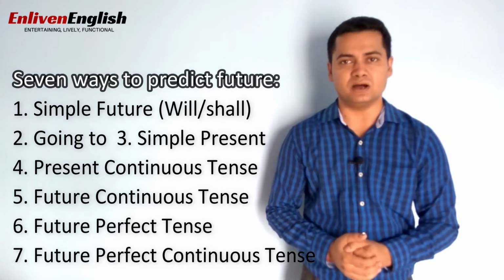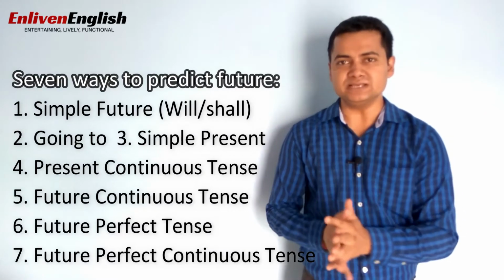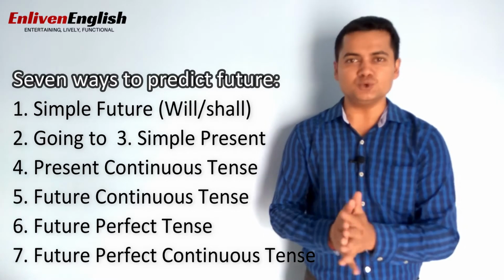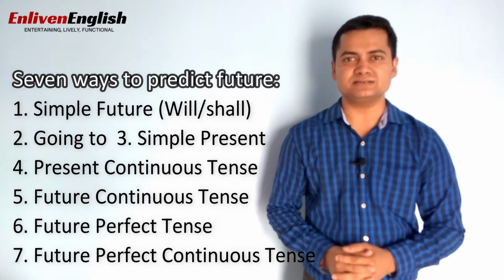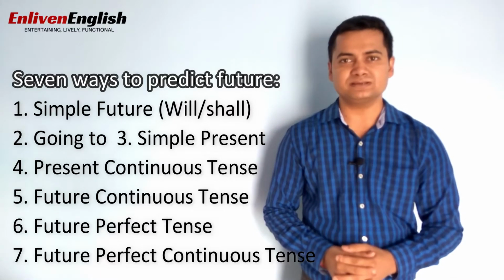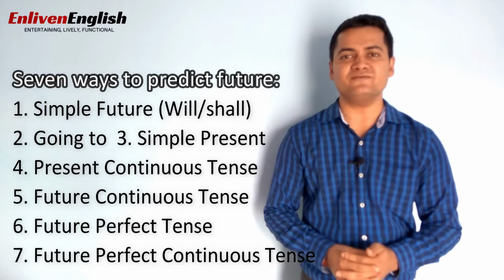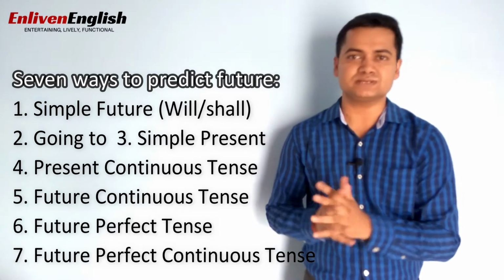These 7 aspects are simple future tense, which includes will and shall, phrase going to, simple present tense, present continuous tense, future continuous tense, future perfect tense and future perfect continuous tense.